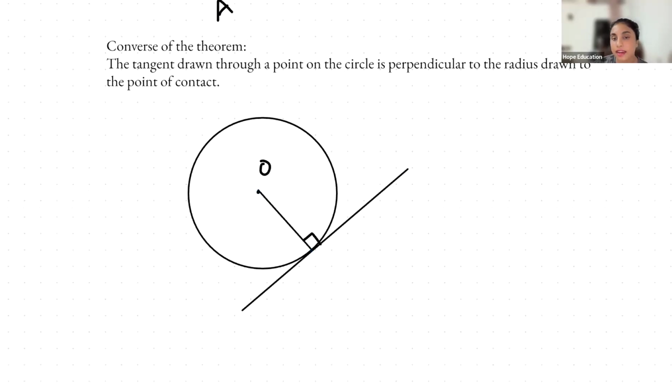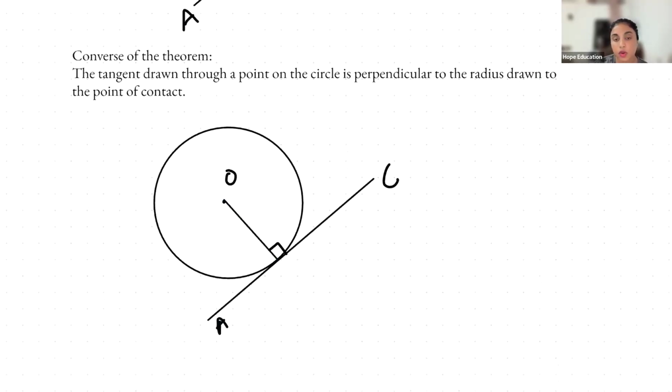It's the same thing. Diagram wise, it's the same thing. So here you can say, let's say this is B. OBC is 90 degrees. Therefore, AC is a tangent. Now we know that it is a tangent, right?